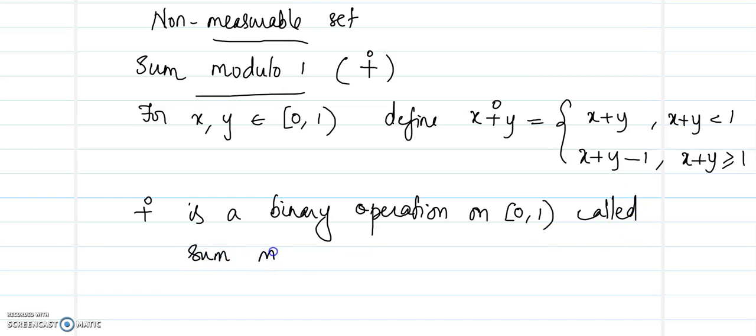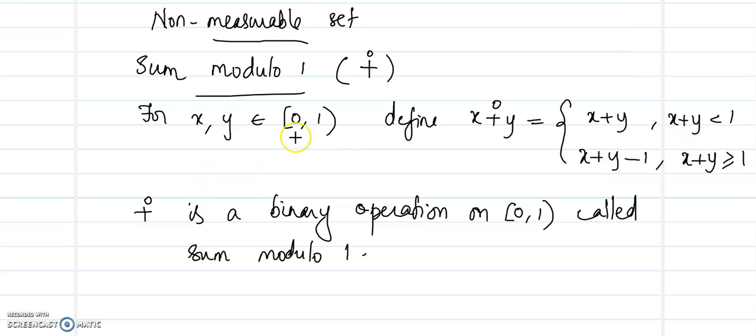Okay, so you can see that if you take any x and y belonging to [0,1), if x plus y is less than 1, the value will be in this interval, and if x plus y is greater than or equal to 1, the value will be x plus y minus 1.